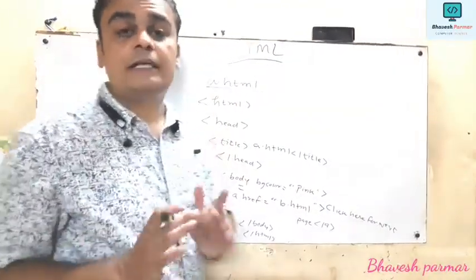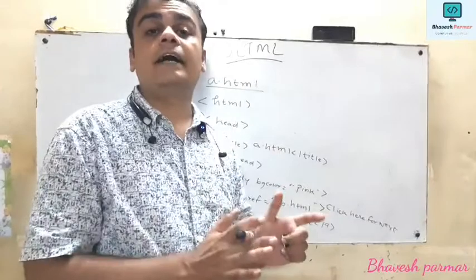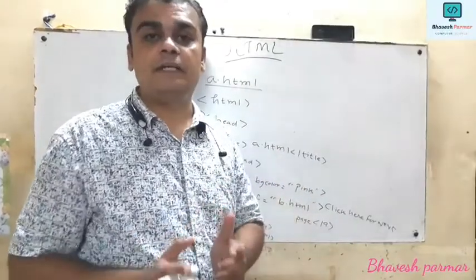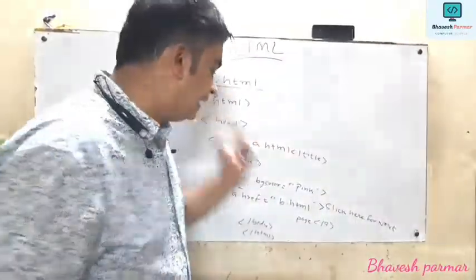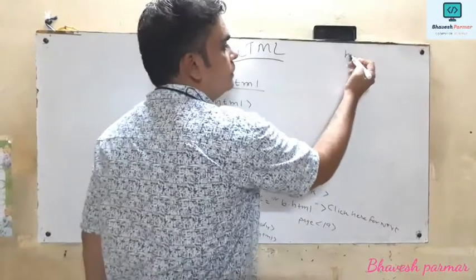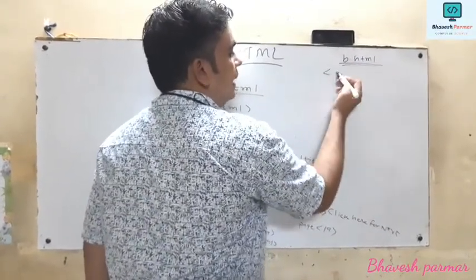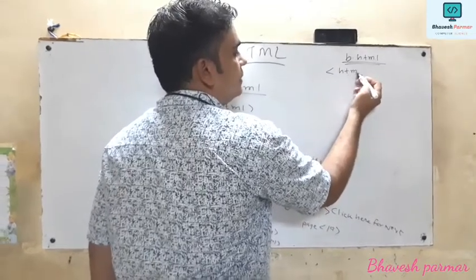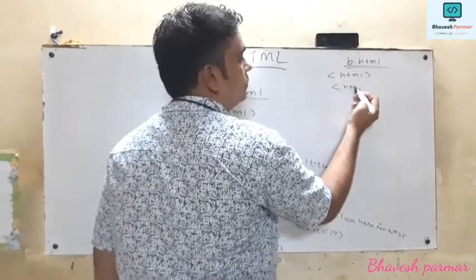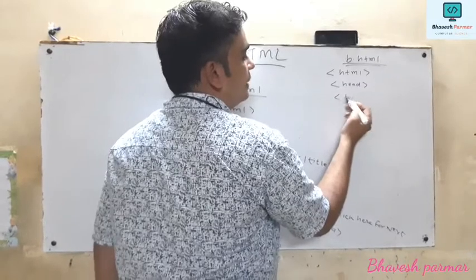Now what we need to do, again I have to open a new fresh file from Notepad, and in that file I'm going to save it with the b.html extension, and again in that b.html file you have to write down the code.